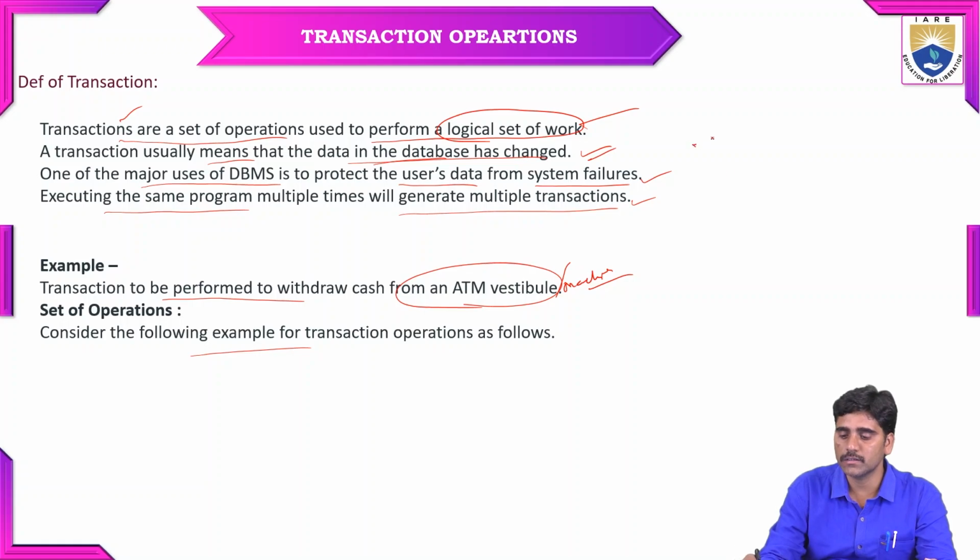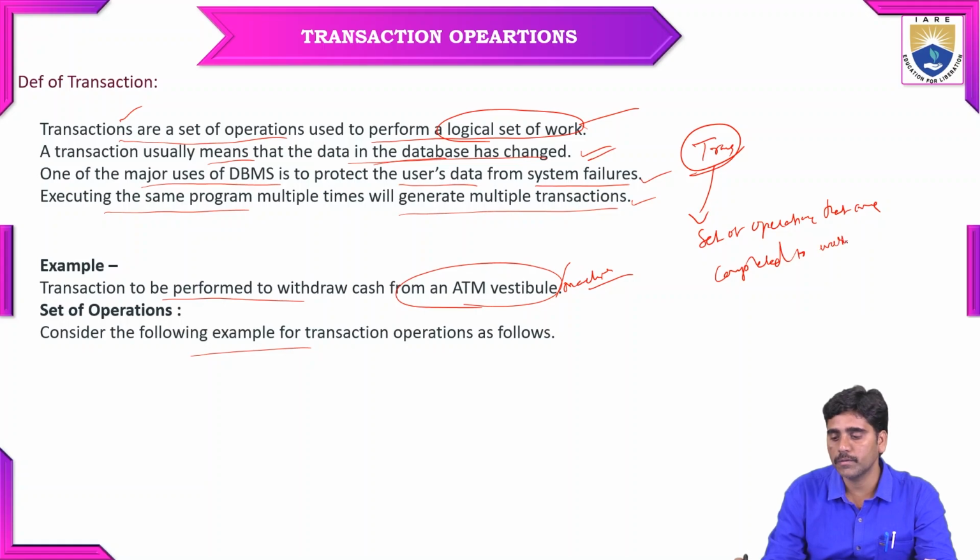A transaction is nothing but a set of operations that are used to complete the work. Usually there is a set of operations or set of activities, and all those operations are related to the transaction only.